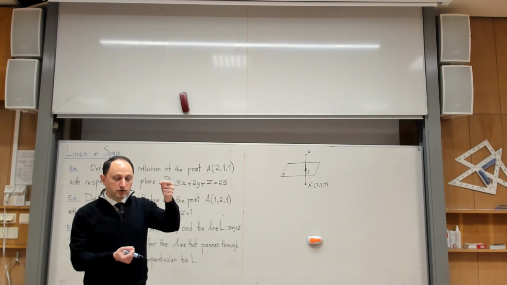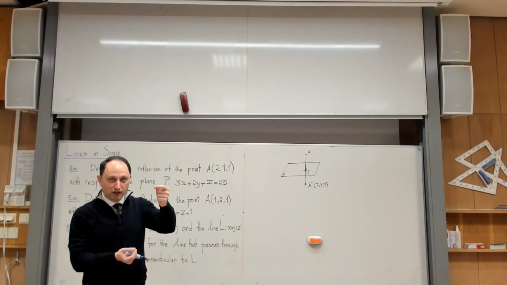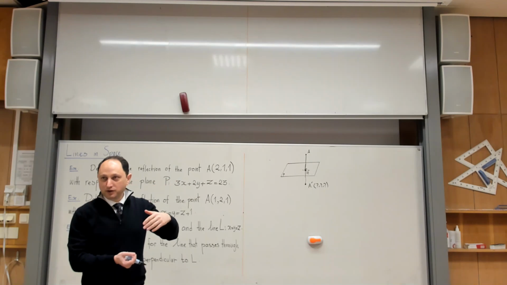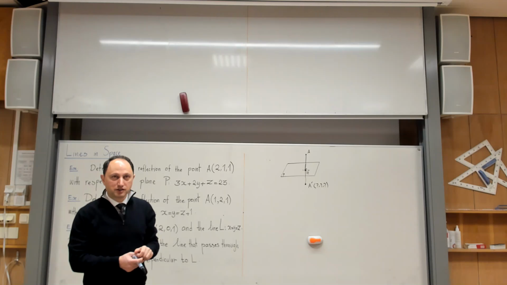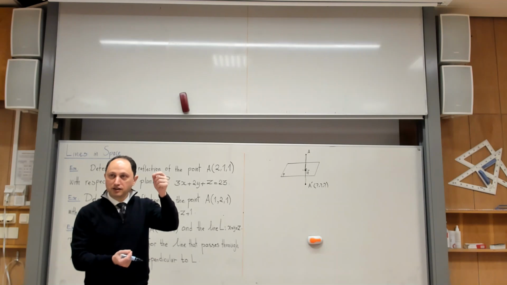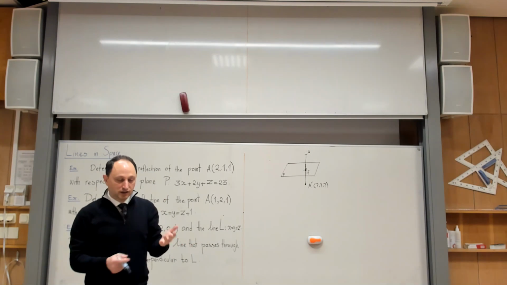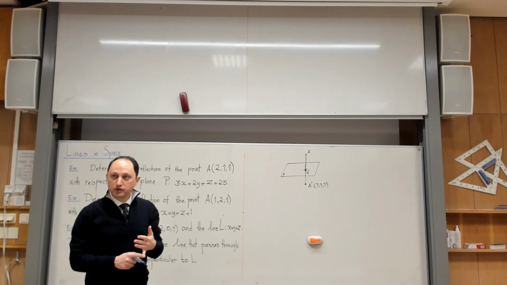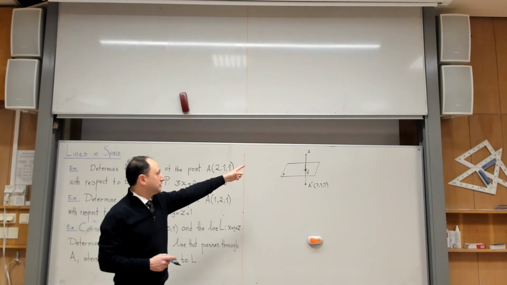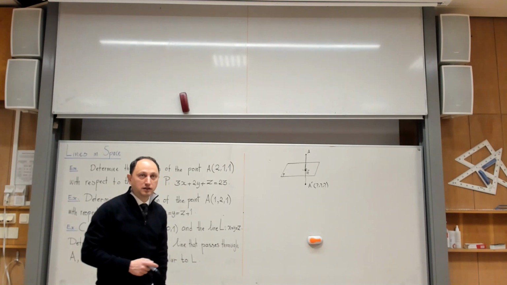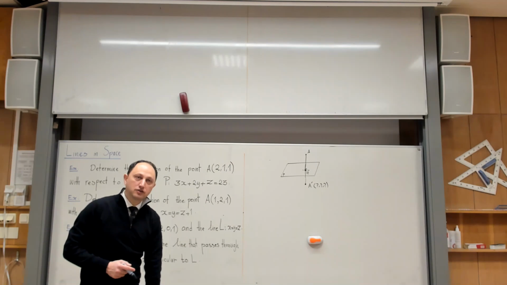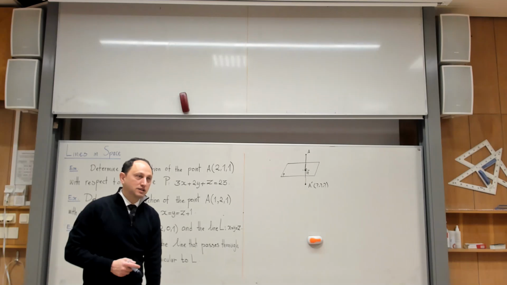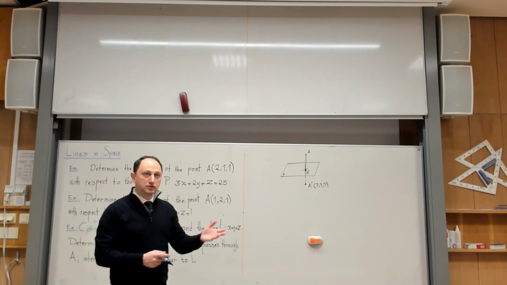And then you ask yourself, how can I find an equation of a line? If you have listened to what I said, I need two pieces of information for writing an equation for a line. You need one point on it, which you have. A is one point on the line. And then you need the direction vector, which means you need a vector that is parallel to your line.